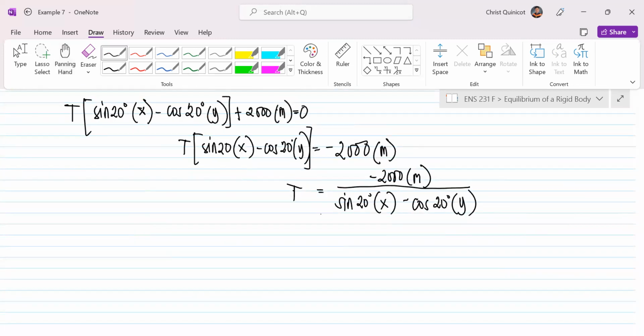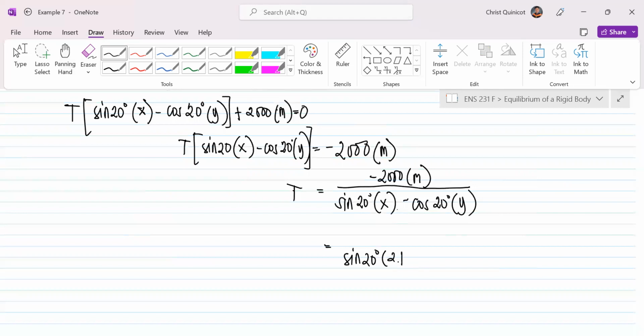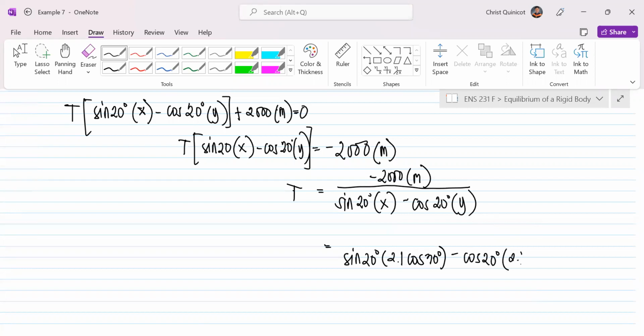So, let us start with our X. This is sine 20 degrees times the X, that would be 2.1 cosine 30 degrees, minus cosine 20 times the y component of our 2.1, that's 2.1 sine 30 degrees.